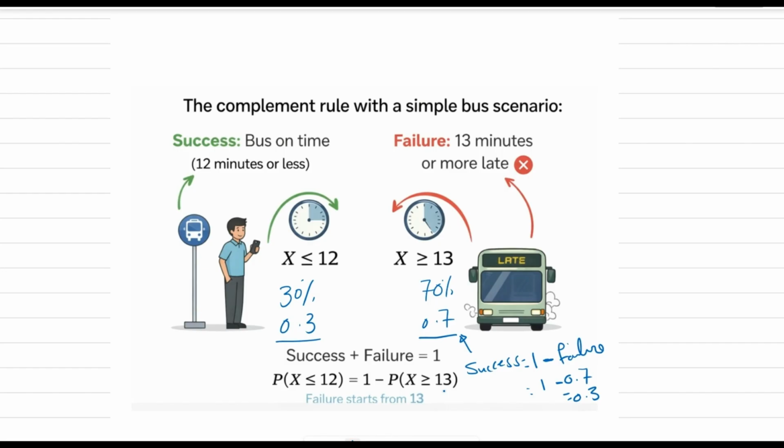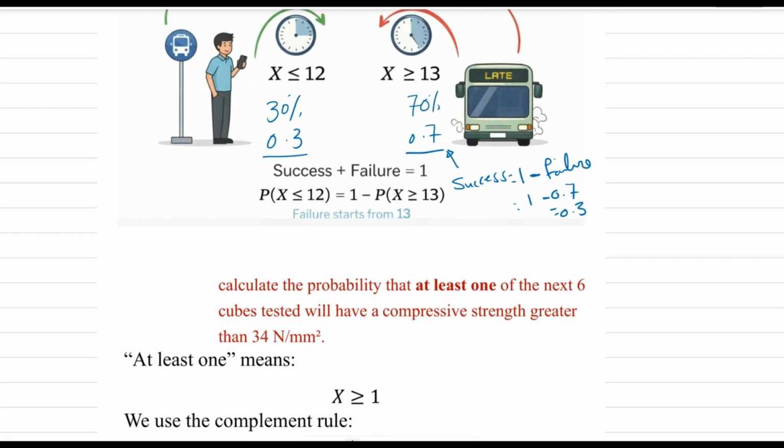So if we go back to our example here, which tells you that at least one of the next 6 cubes, and when I say at least, there are many possibilities here. Might be all 6 trials succeeded, might be 2 of them, 3 of them, 4 of them, 5 of them. So the easiest one, in order to calculate the binomial distribution, is to calculate the failure.